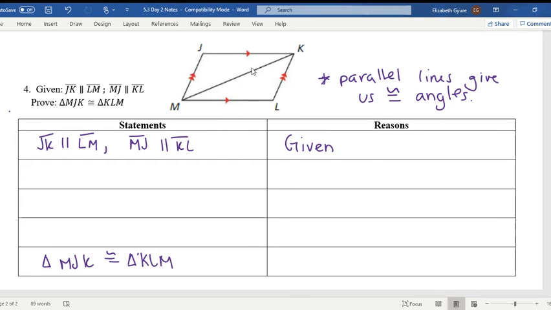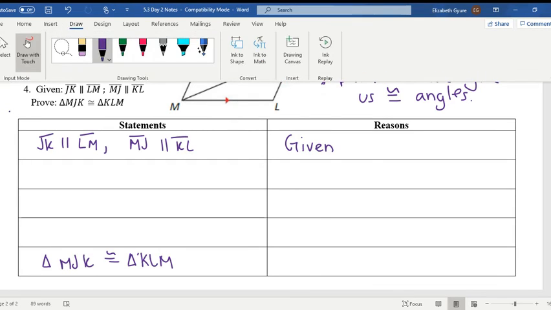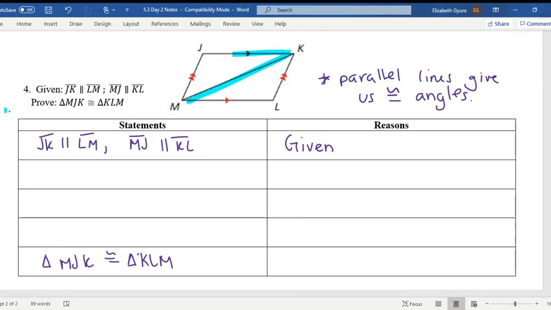So if the top and bottom are parallel here, I can draw a Z shape connecting those like this. This means that these two angles here would be congruent. So we can put our congruent angles here. I'm gonna label these as 1 and 2. It's a lot easier. Okay. So that is 1 and 2. So those will be congruent because those are our alternate interior angles. So there's a set of congruent angles.